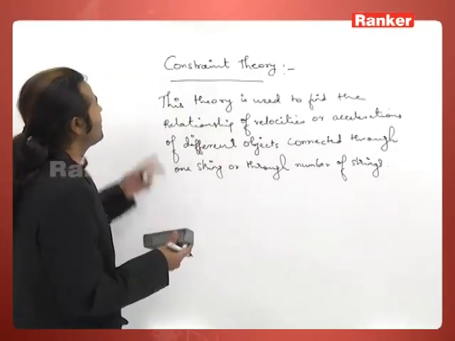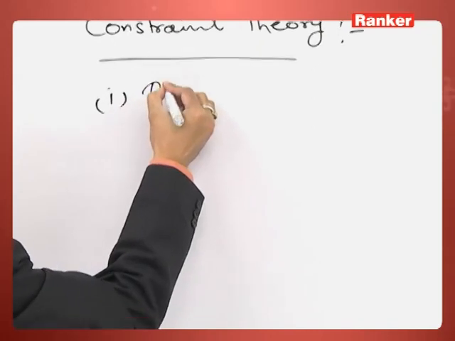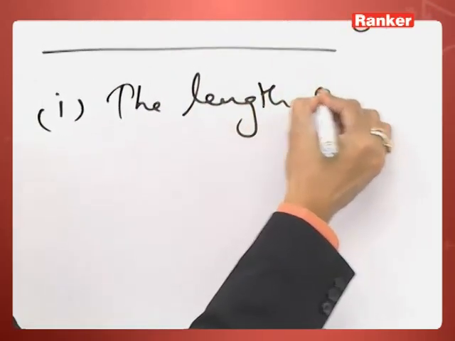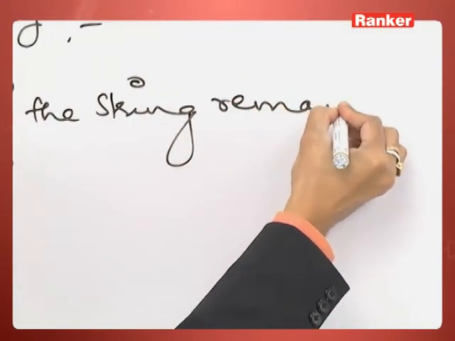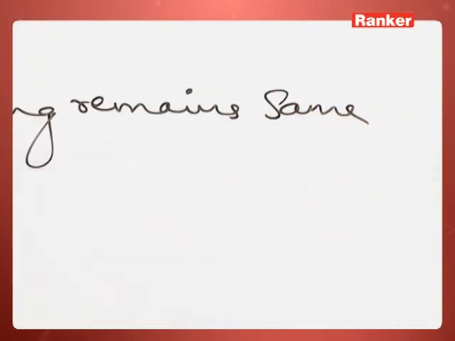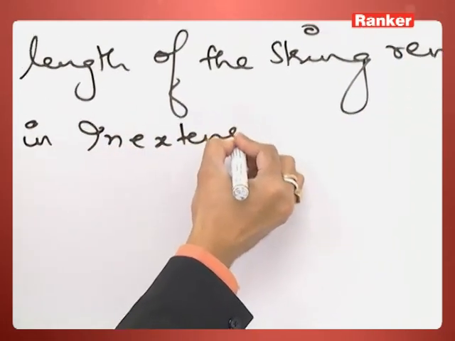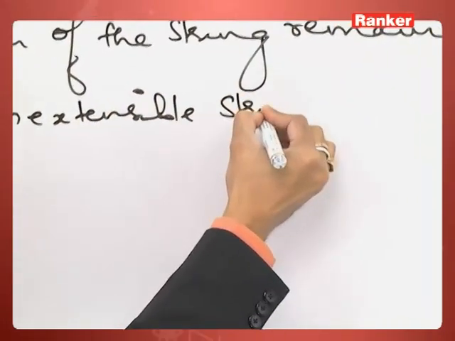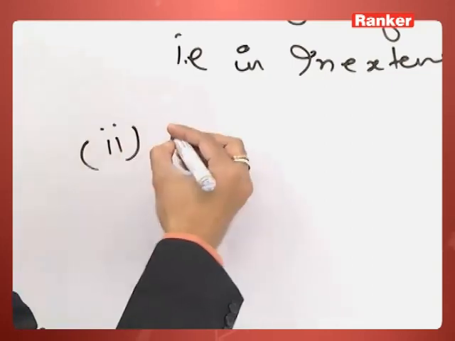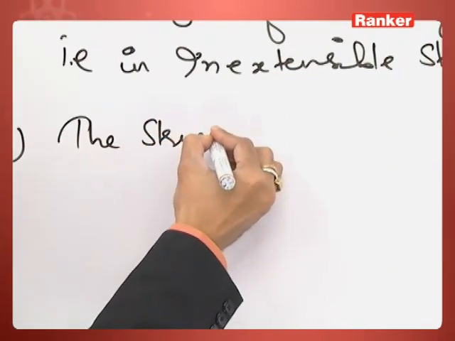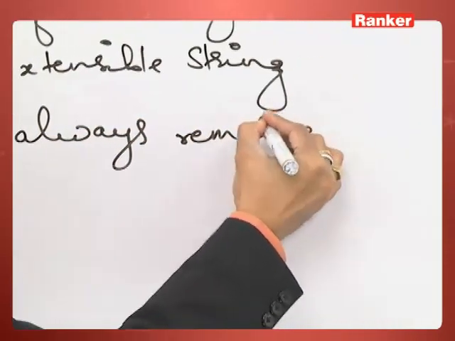Now in this theory we have 2 points. Number 1, the length of the string remains the same, that is, an inextensible string. And number 2, the string always remains taut.